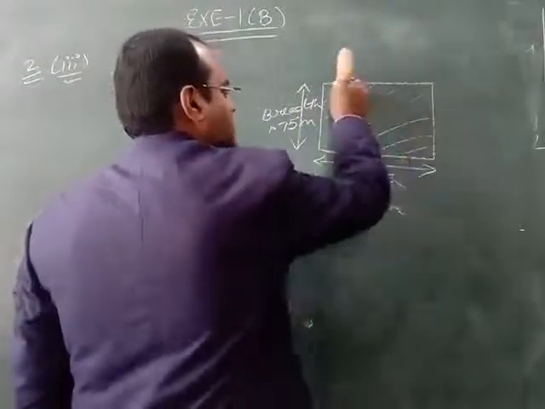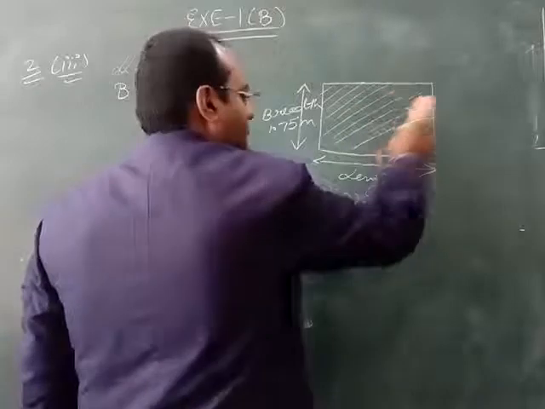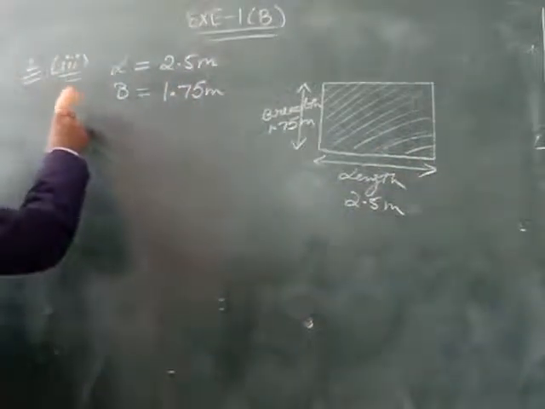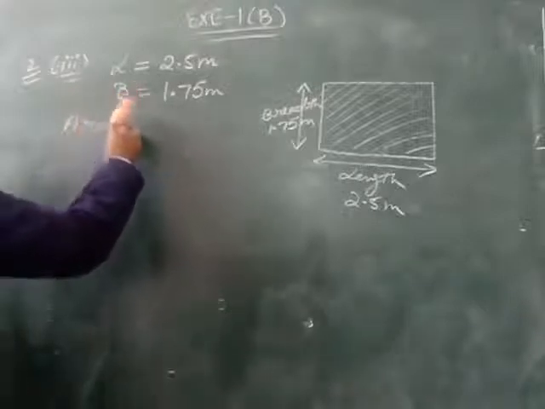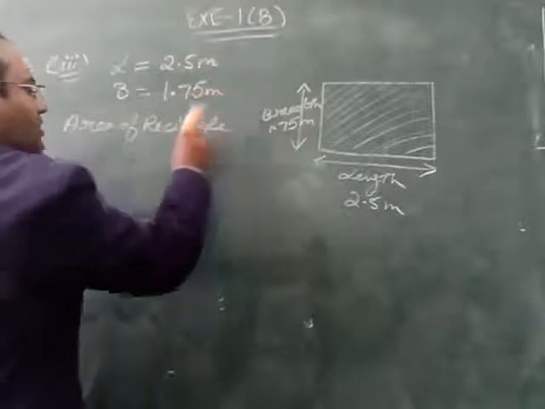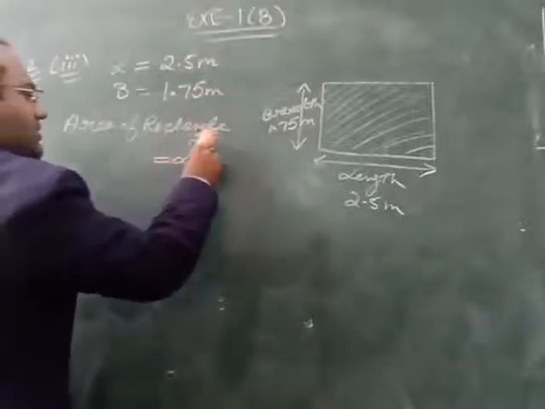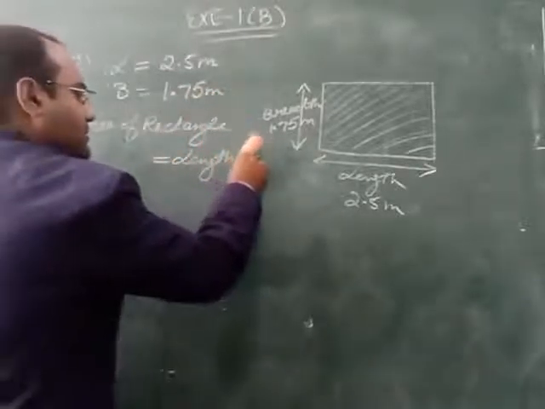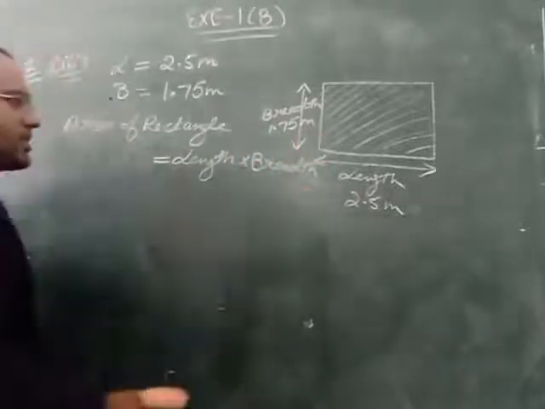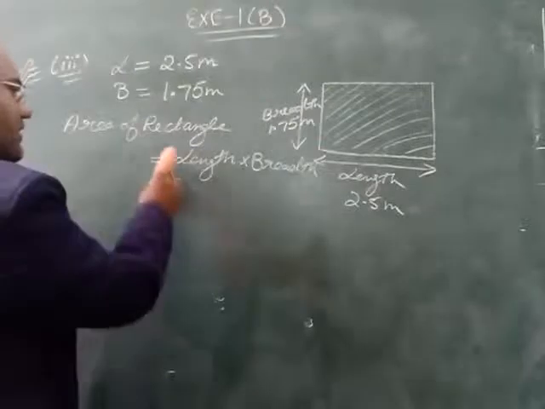This shaded portion is known as the area. So we have to find the area of the rectangle. So here we have to use the formula: area of rectangle is equal to length multiply breadth. This is the formula to calculate the area of the rectangle.